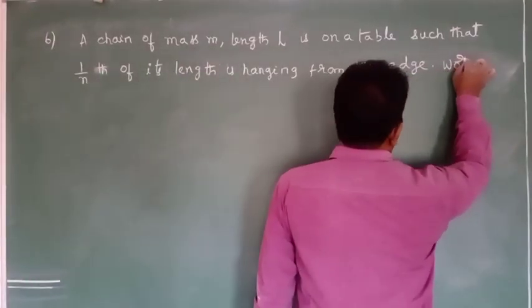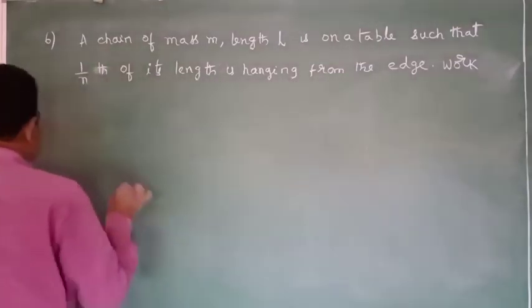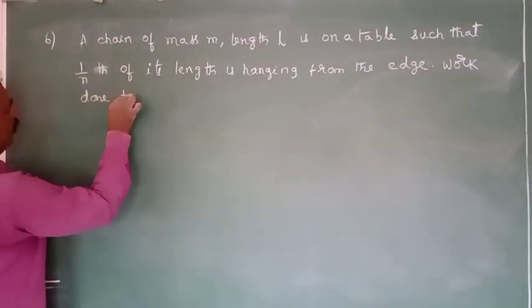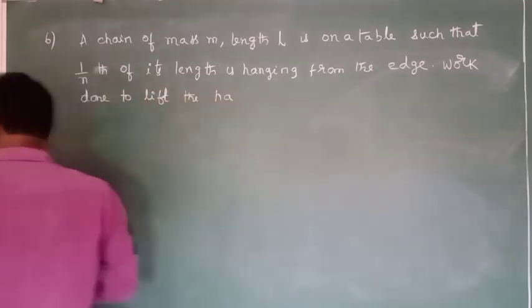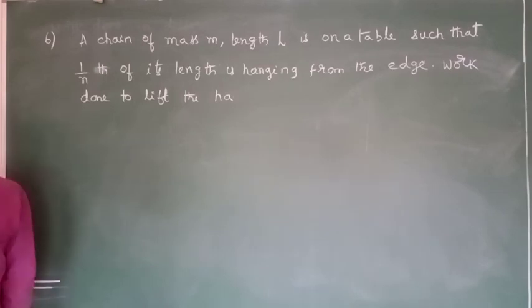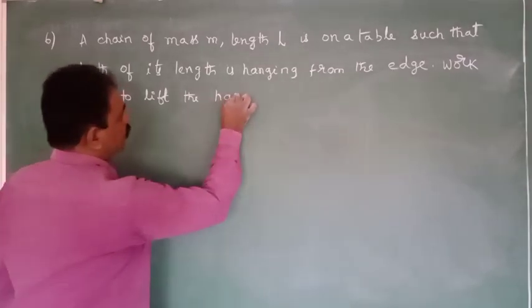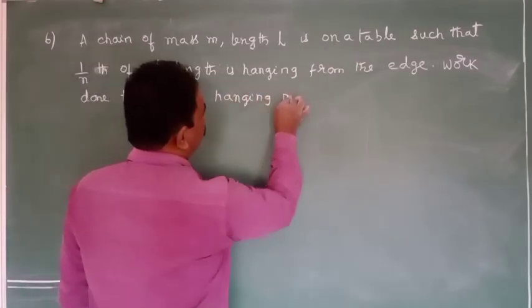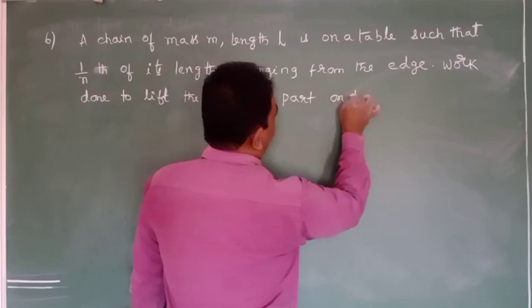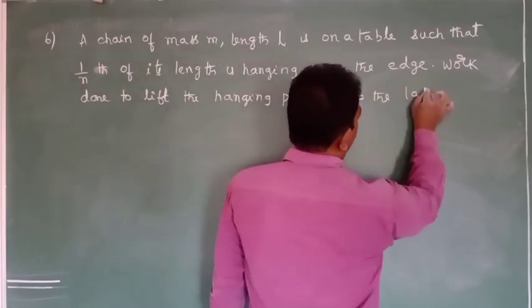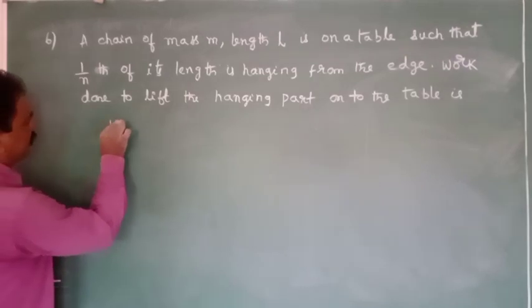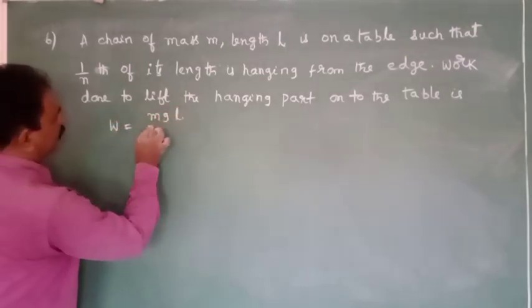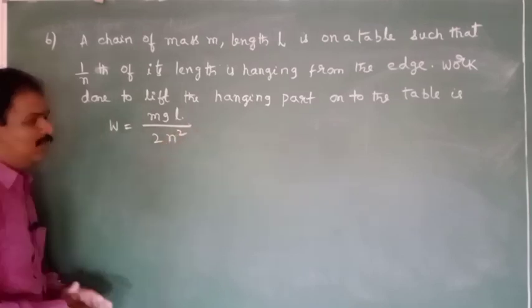Work done to lift the hanging part onto the table is W is equal to mgl by 2n square.